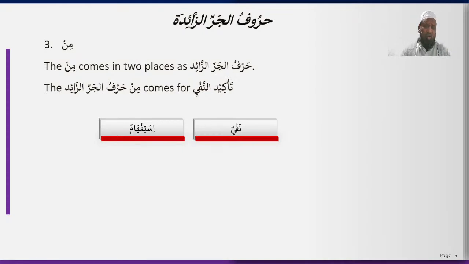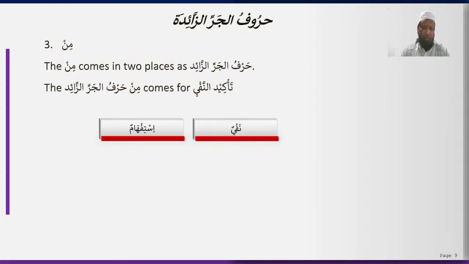So when the jumla starts with the harf nafi, and if we see the min, and we've learned there must be an ismun majrurun nakira after the min. Ismun majrur has to be nakira. So in these two places, nafi and istifham, the mahal can be any.